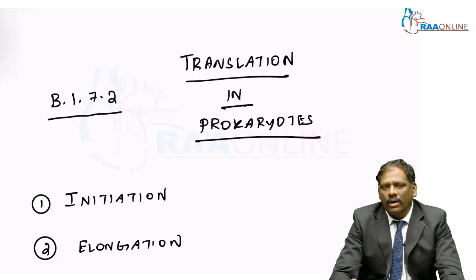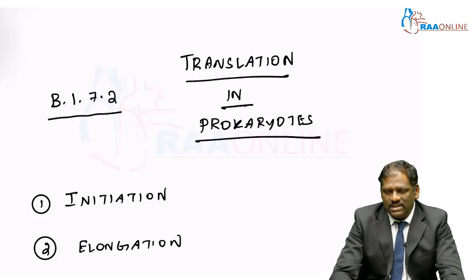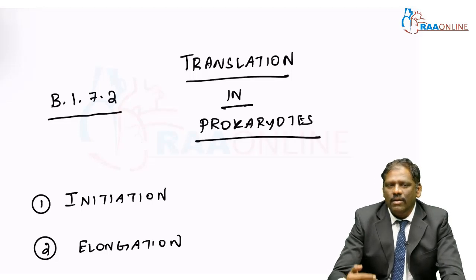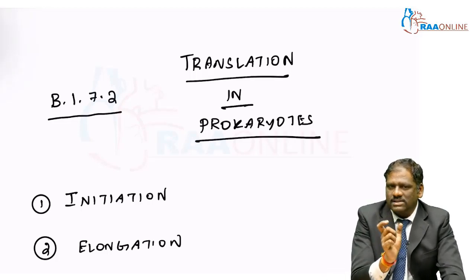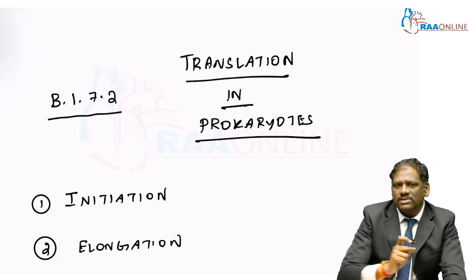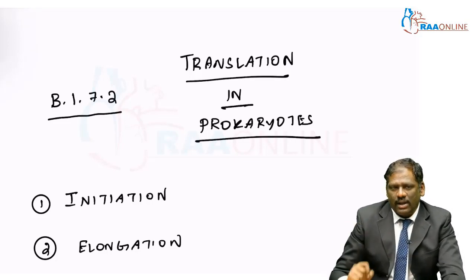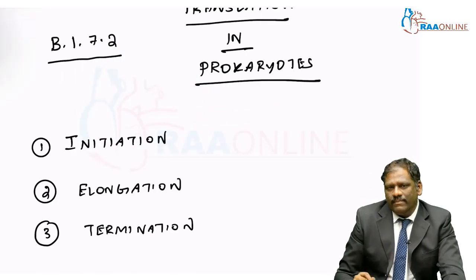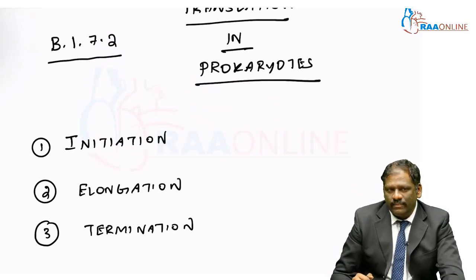Now we move on to the proper topic of translation, and in this session we will see translation especially in prokaryotes. There are some minor differences between translation in prokaryotes and in eukaryotes. The processes are the same, but the factors differ. Clear?